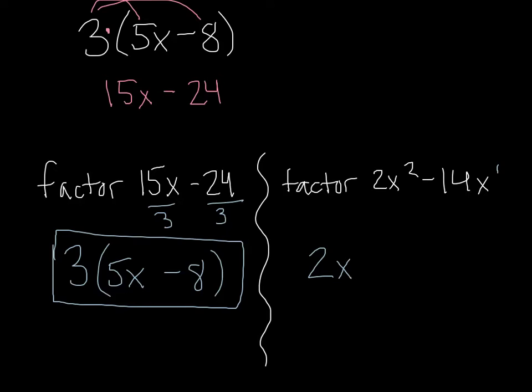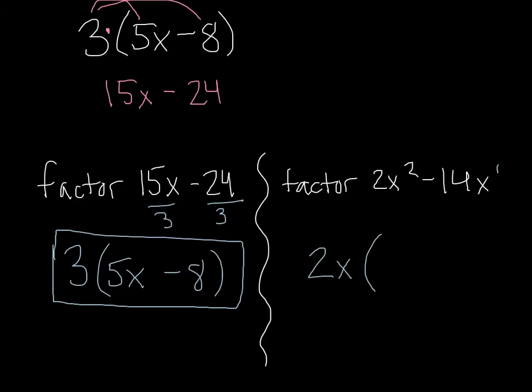Technically, this x has an exponent of 1. And I know that when I divide my variables, I actually subtract my exponents. So I'm going to look at the smaller of the two exponents. So here I have an exponent of 2, and here I have an exponent of 1. And 2x to the first power actually ends up being my GCF.